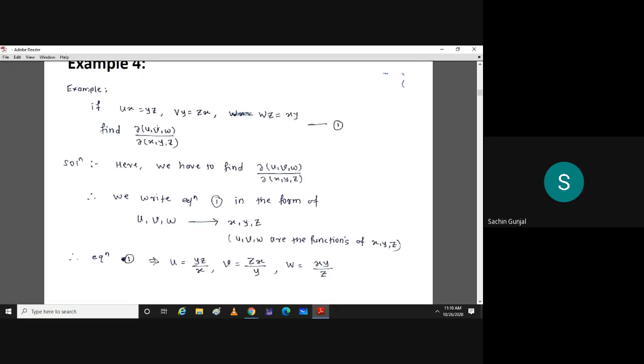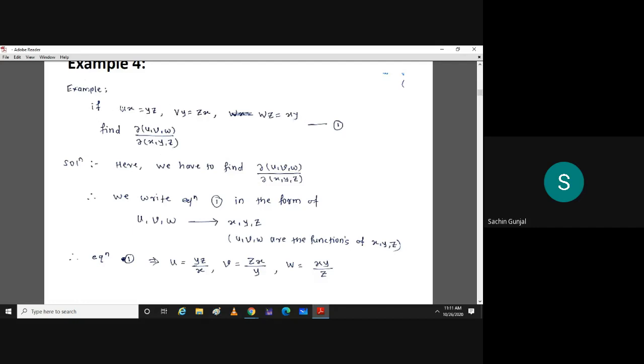So moving ahead, u into x is equal to yz, v into y equal to zx, and w into z is equal to xy. Then the question is, find the Jacobian of uvw with respect to xyz. So you need to write u as a function of xyz, v as a function of xyz, w as a function of xyz.